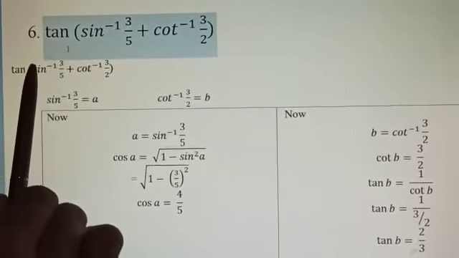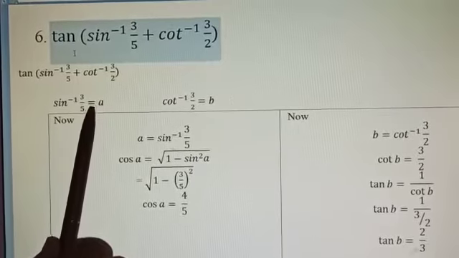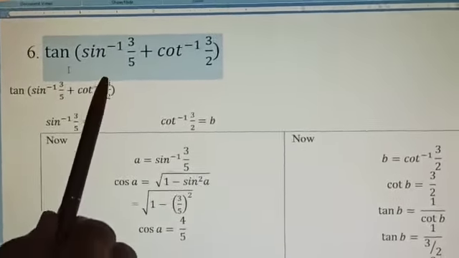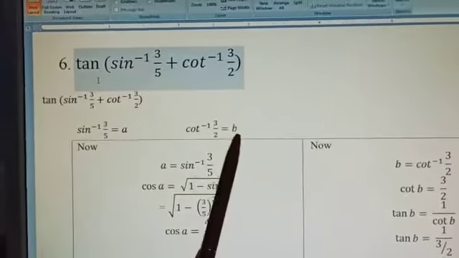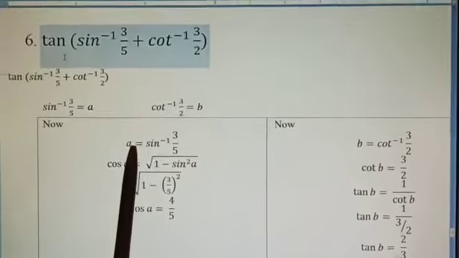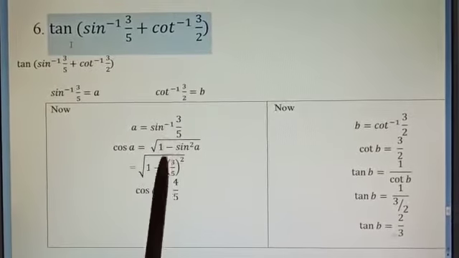Let us consider sine inverse of 3 by 5 as A, and the other part, cot inverse of 3 by 2, as B. Now let us consider this part first, A equals sine inverse of 3 by 5.